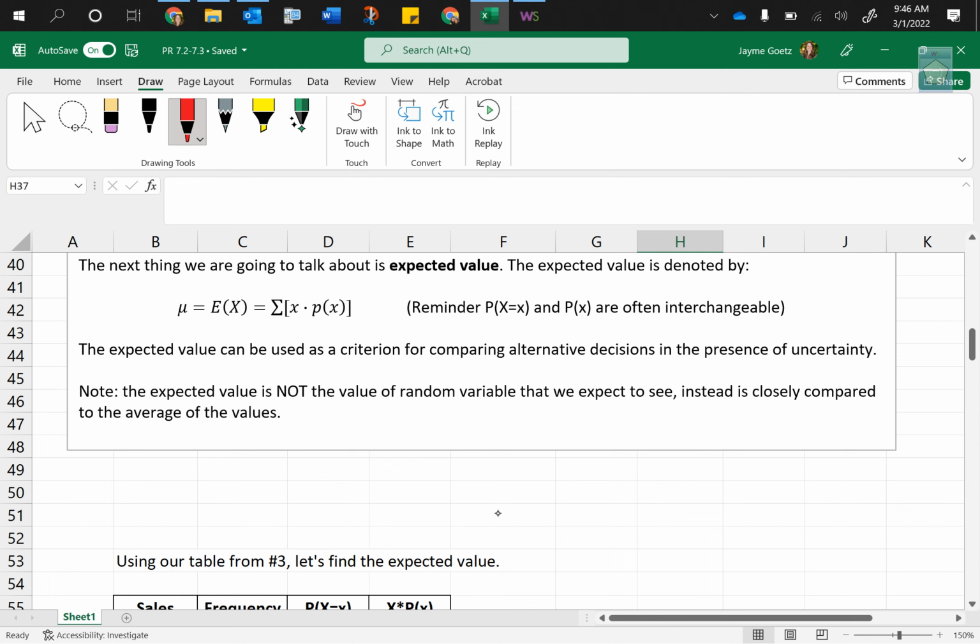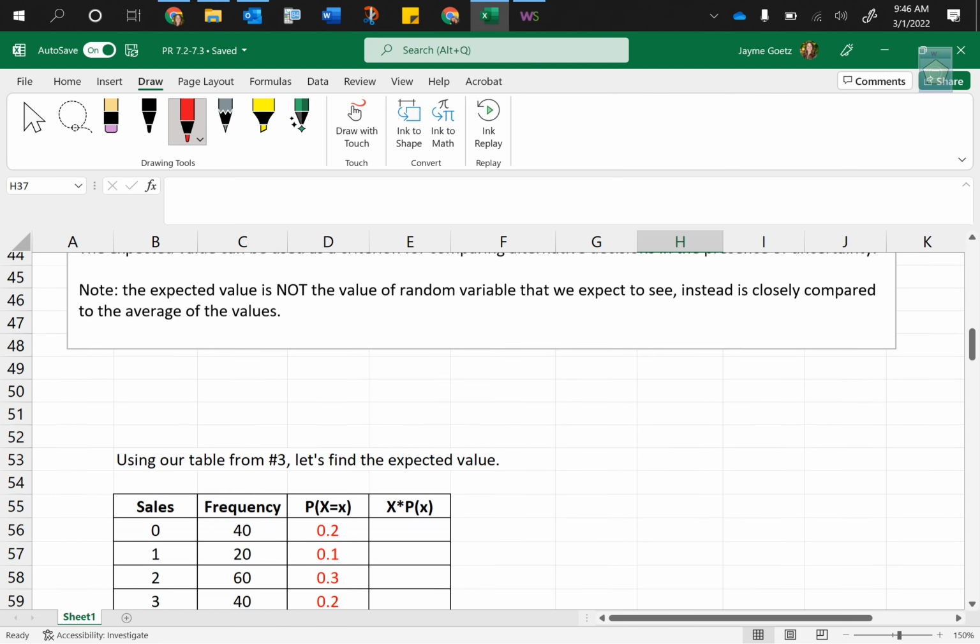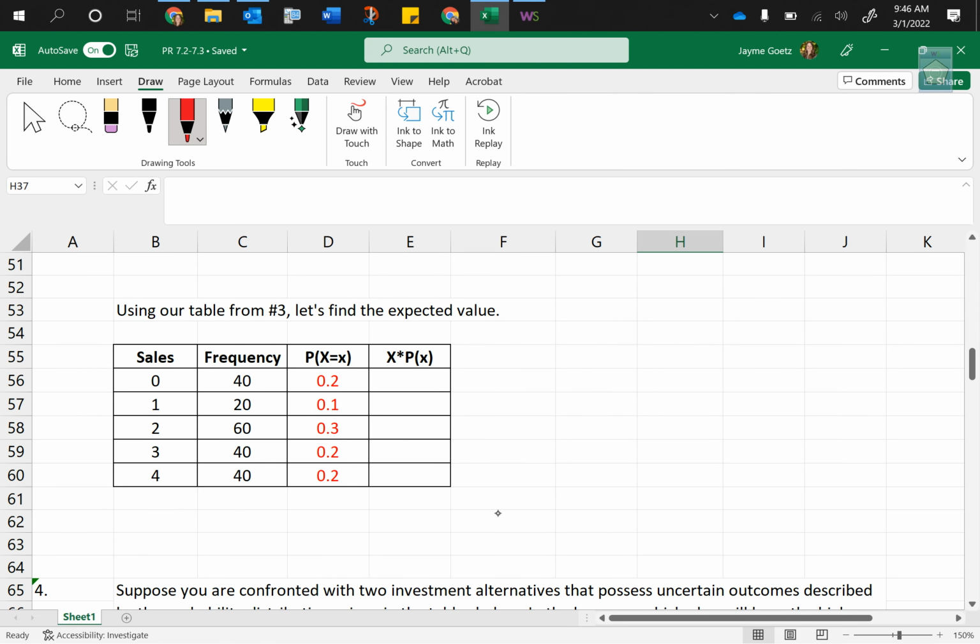So if I want to work this formula out, I have to work backwards. I have to start on the inside and then work my way out. So the first thing I need to do is take each value and multiply it by its probability. On our table here, I created a column for that. I want to take each value and multiply it by its own probability.